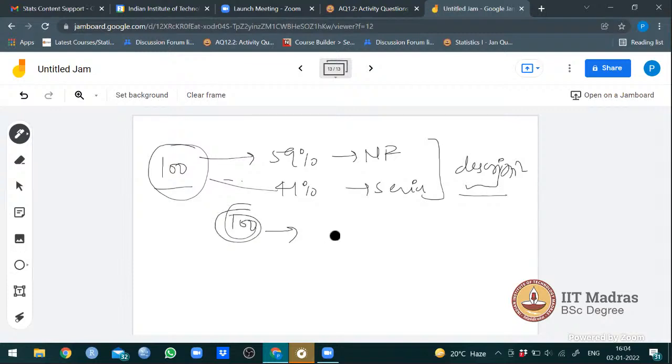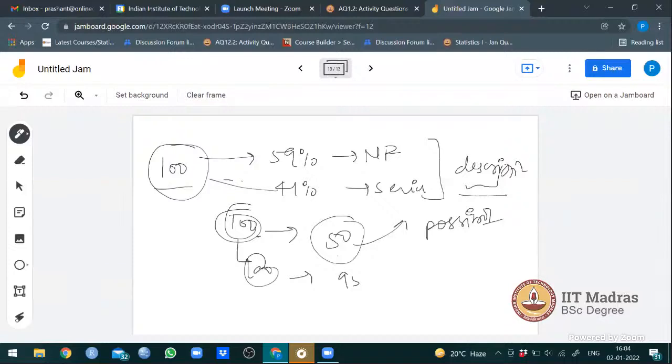Suppose out of 100 I took the sample of only 50, then there will be a question of accuracy. If out of 100 I took the sample of 95, 90, 82, then accuracy will be more. So if my sample is perfect, my conclusions are almost accurate.